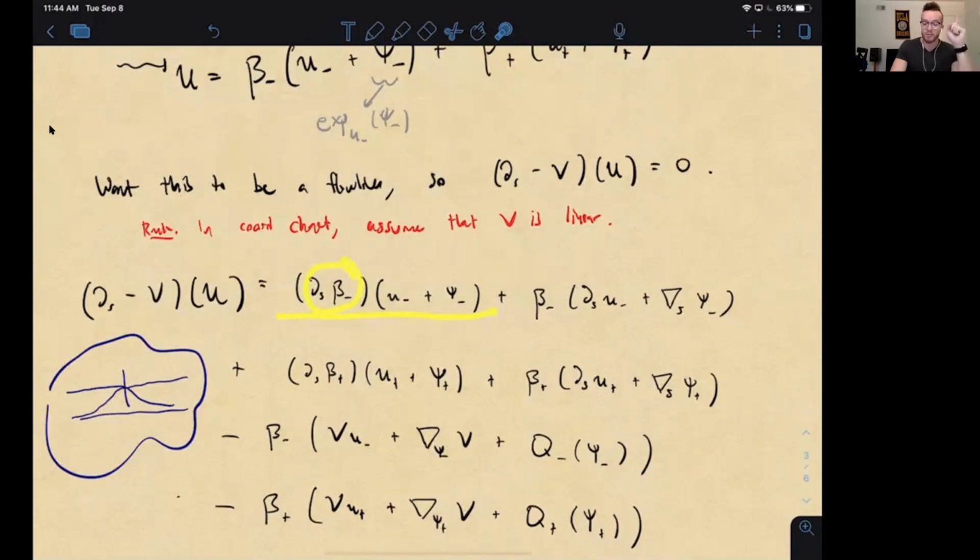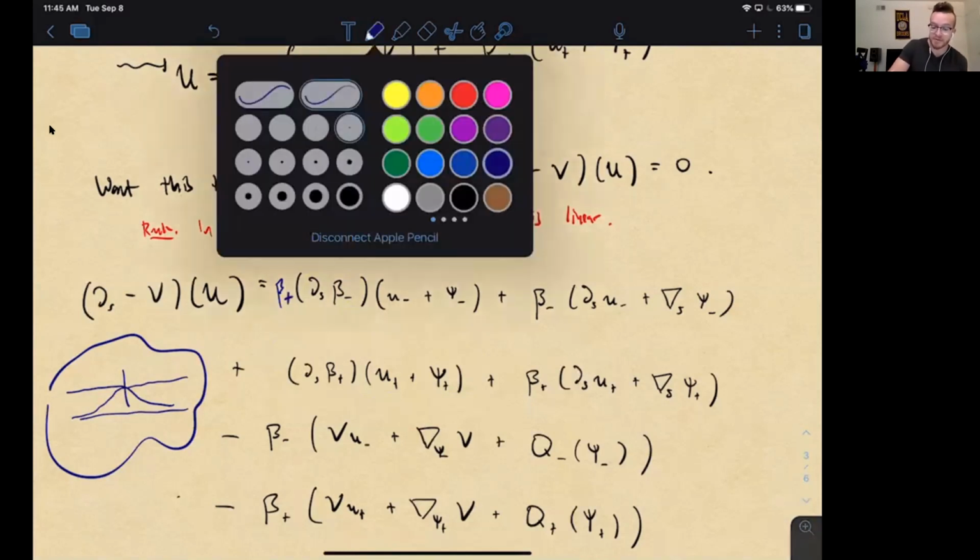So I can multiply this term by a beta plus for free. I can do the same thing down here. The support of the derivative of beta plus is in the negative numbers, so I can multiply that term by a beta minus for free.